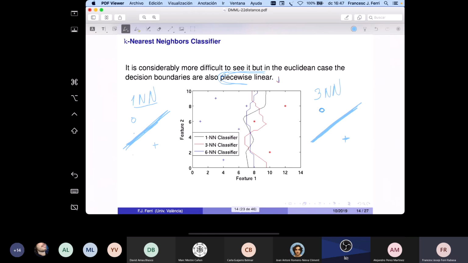So in the case of 1, this is the first, and this is the second, but they are at the same distance. So this is 1, 2, or 2, 1. It's the same. You see? All other prototypes are farther than these two. In the case of 3, this is the third, and this is the fourth, or the other way around, in such a way that the other two, perhaps they are here, and here.